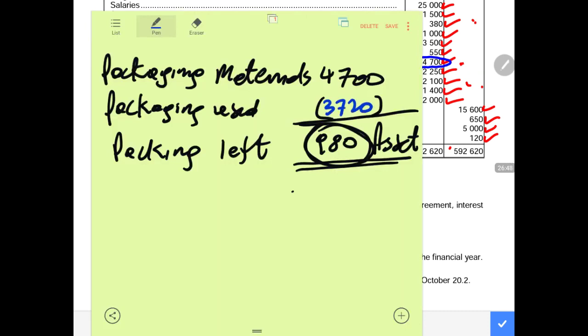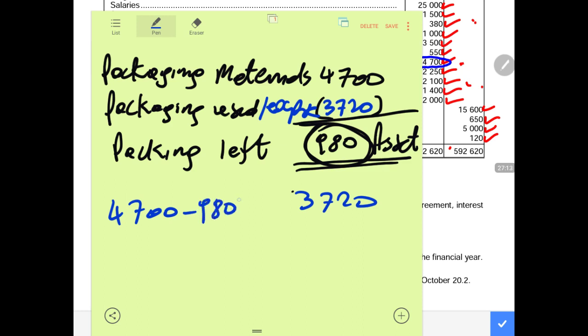Remember, in the income statement, we need to record the total packaging material that was used, because when we use packaging, it becomes an expense. In other words, in order for us to get to the 3,720, we need to say 4,700 minus what is left at the end of the year, so that we get to record this amount in the income statement.